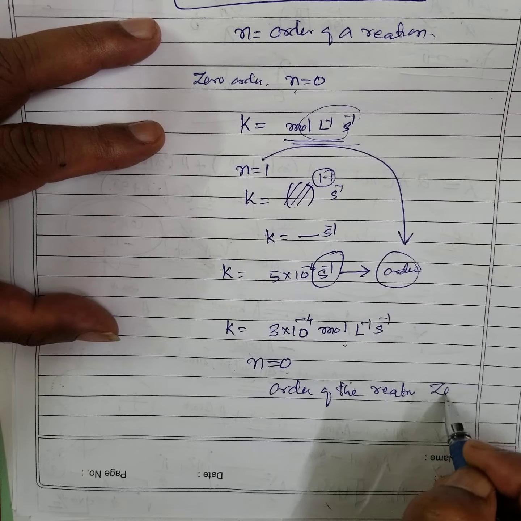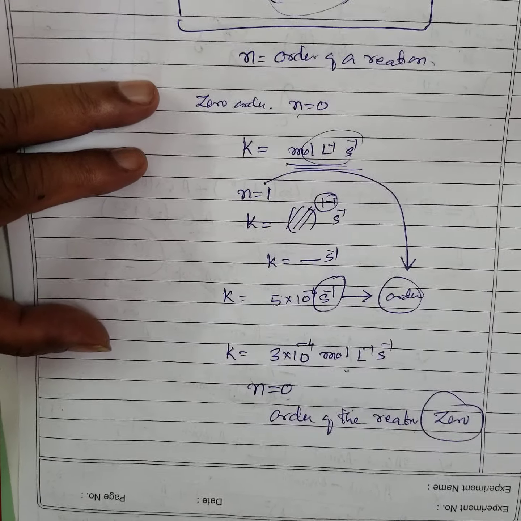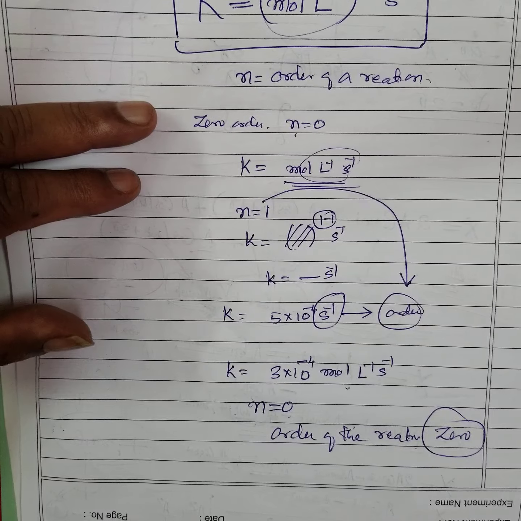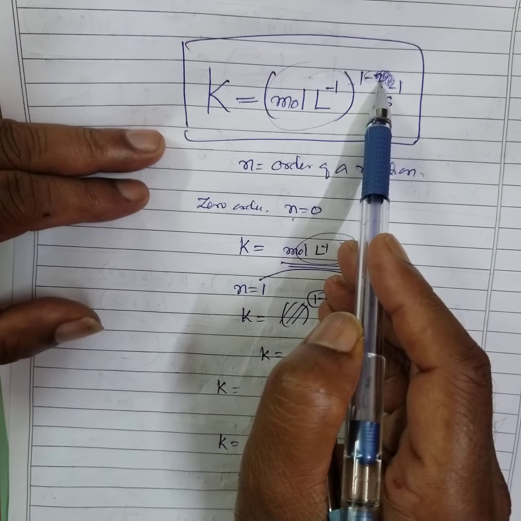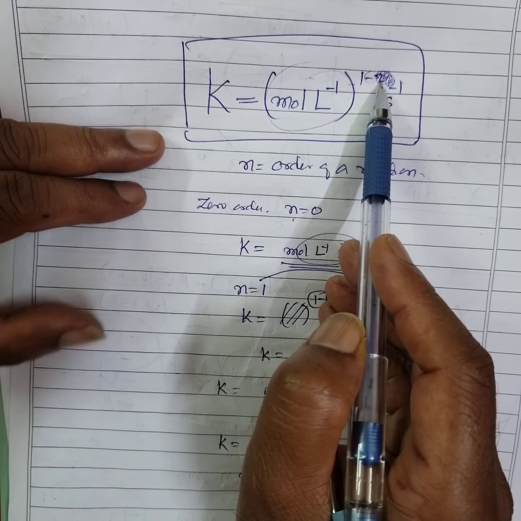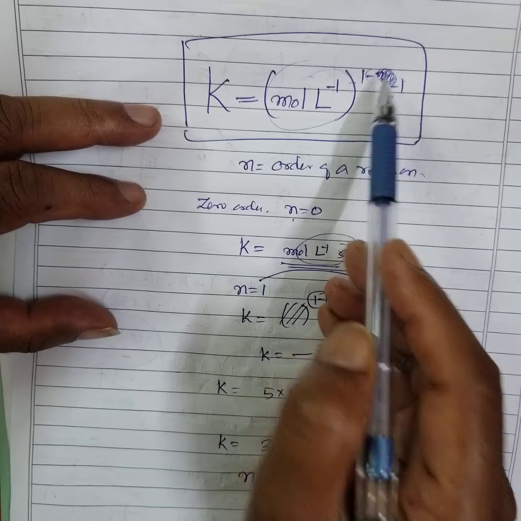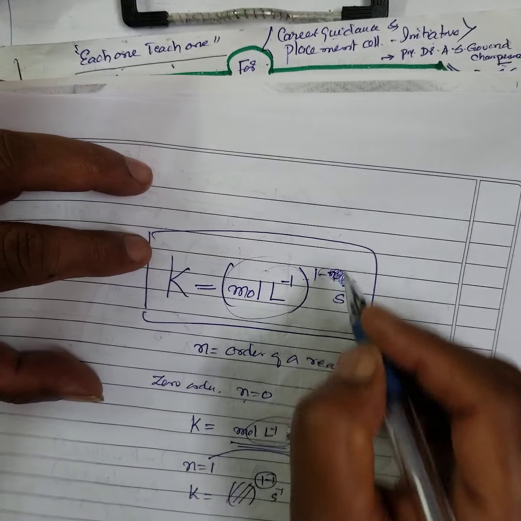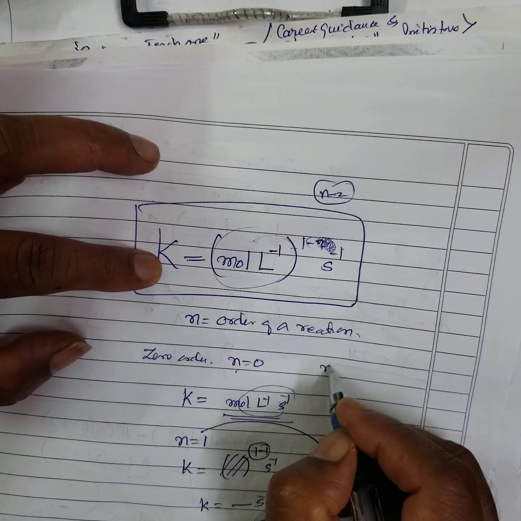Order of the reaction is what? 0. Now, suppose if n is equal to 2, second order, what will happen?